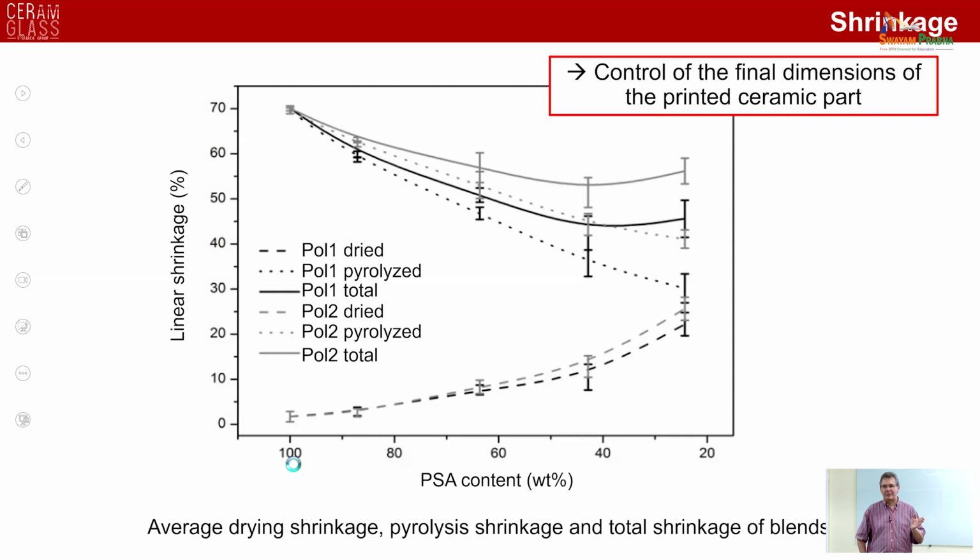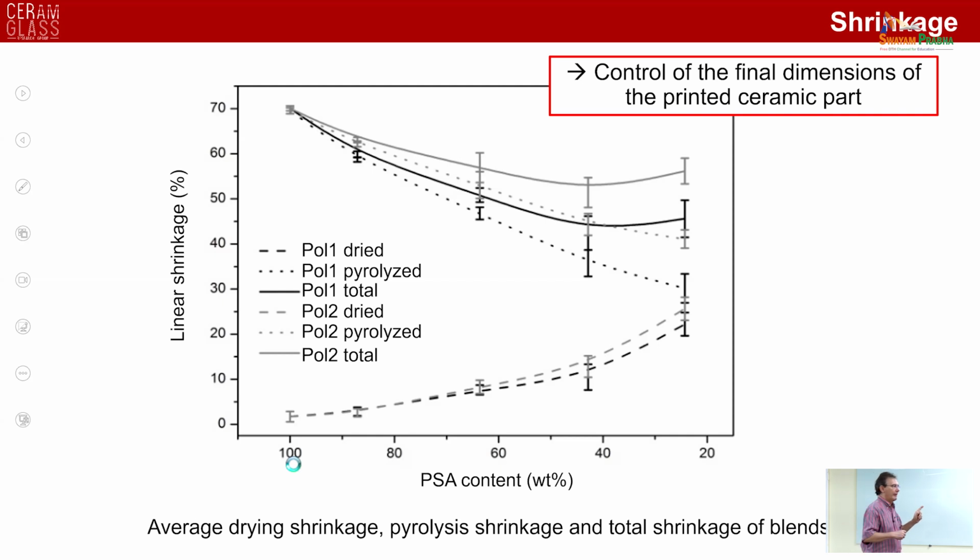So for a typical DLP printer, you cannot go below 50 microns, say, of resolution in the XY plane. The thickness of the layer you can control more easily, but of course, smaller layers mean much longer times for printing. But in the XY plane, you cannot achieve features that are smaller than 50 microns.